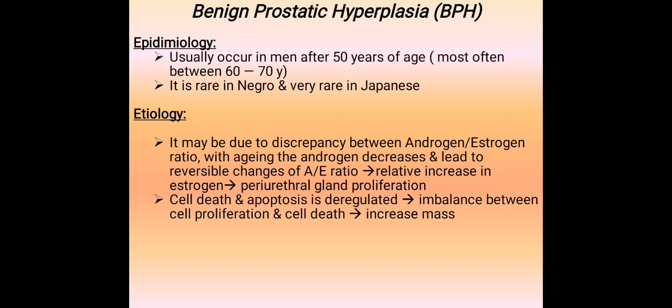This leads to relative increase in the estrogen that increases the periurethral gland proliferation. Another theory thinks that there is deregulation of the cell death and apoptosis, leading to imbalance between cell death and proliferation, and increasing the mass of the prostate.